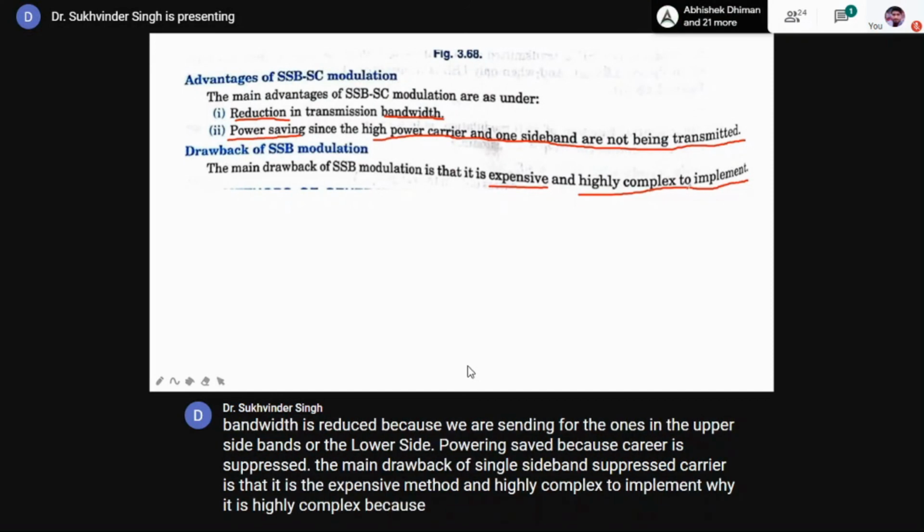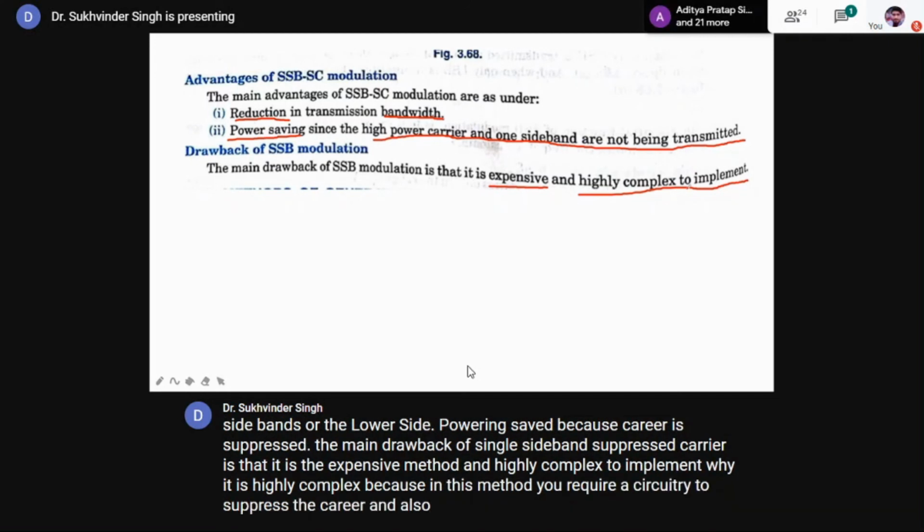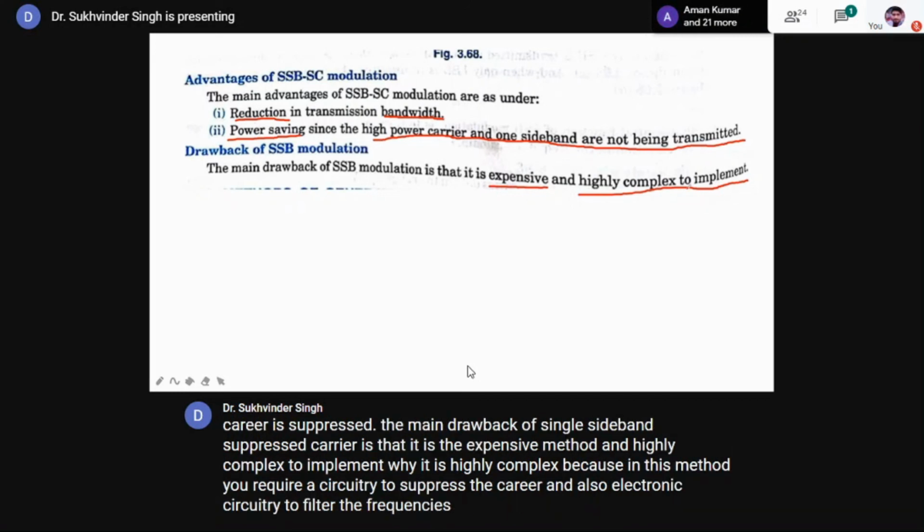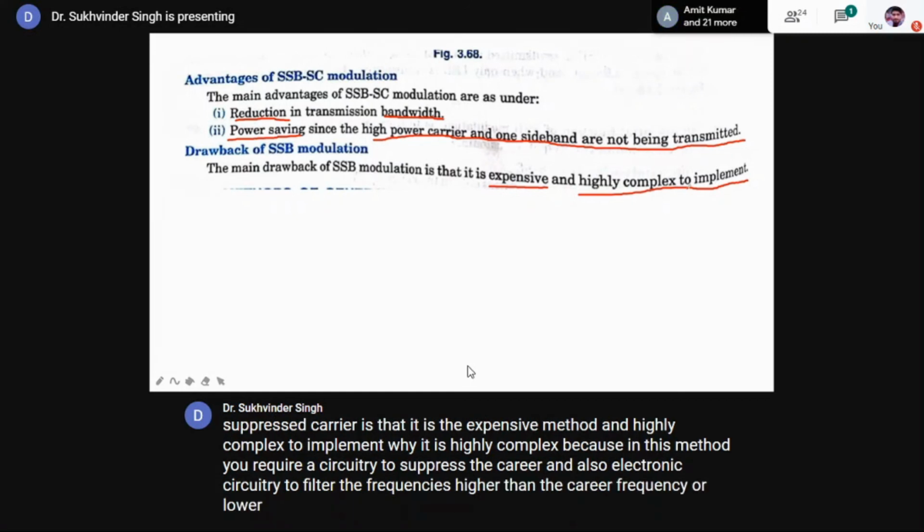Because in this method you require circuitry to suppress the carrier, and also electronic circuitry to filter the frequencies higher than the carrier frequency or lower than the carrier frequency.